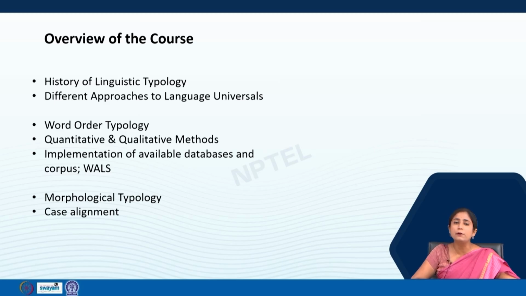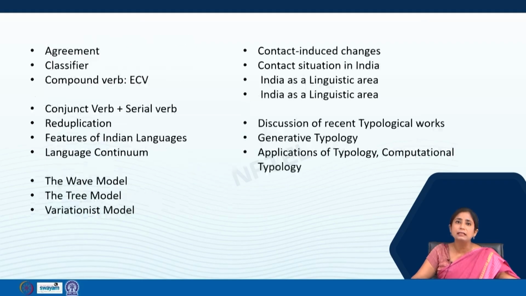We will also talk about morphological typology, case alignment, and certain other features of languages like agreement, classifiers, compound verbs, that is CVs. There are all these components which are part of various languages, but of course not all the languages. How do they work within the language?